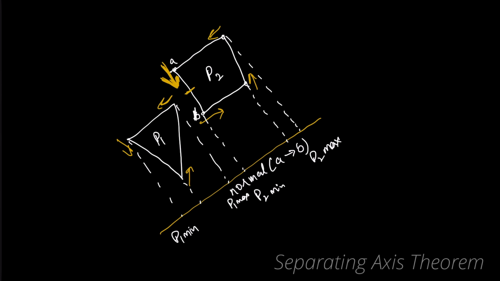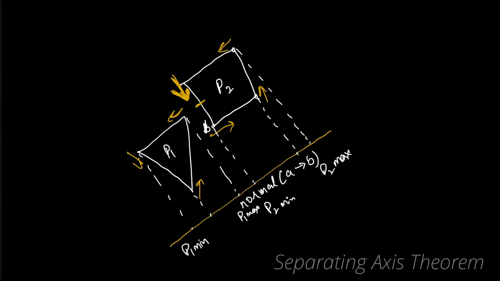So what we want to do is find the projection of each vertex, just like we did for the axis-aligned bounding boxes. We have each vertex of these polygons, right? So if I draw that out, we have this one, we have this one, for example, v1, v2, doesn't matter.